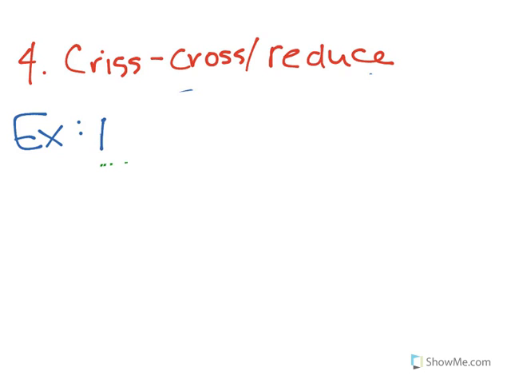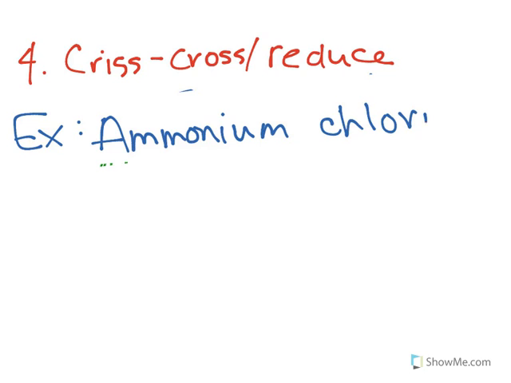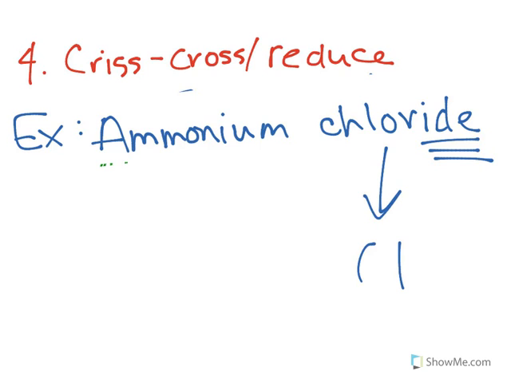All right, so let's say we have ammonium chloride. Now, little hint, this is an IDE. None of your polyatomics end in IDE except for peroxide and cyanide. So if it says IDE, that means we're talking about chlorine, the element.